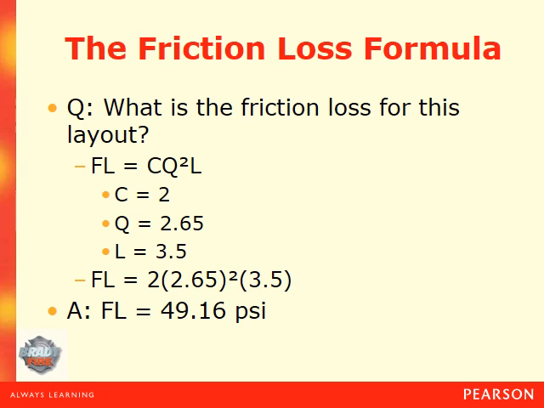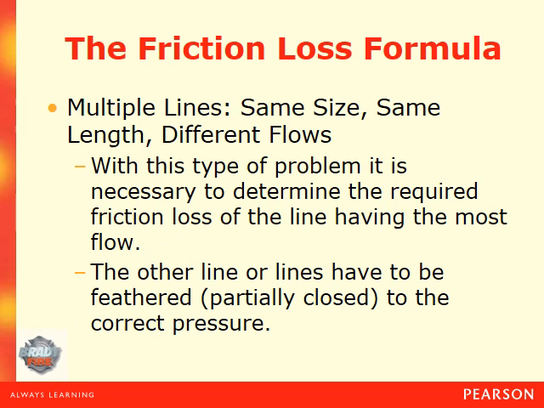So 2 times 2.65 squared times 3.5 will give us a friction loss of 49.16 psi. With this type of problem, it is necessary to determine the required friction loss of the line having the most flow. The other line or lines have to be feathered, or basically partially closed, to the correct pressure.